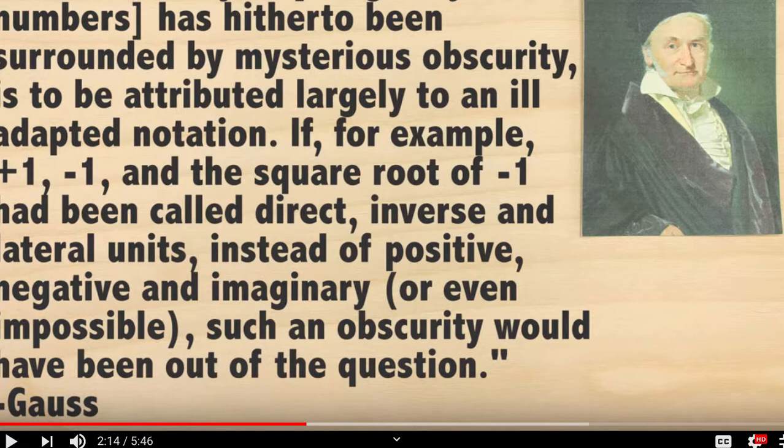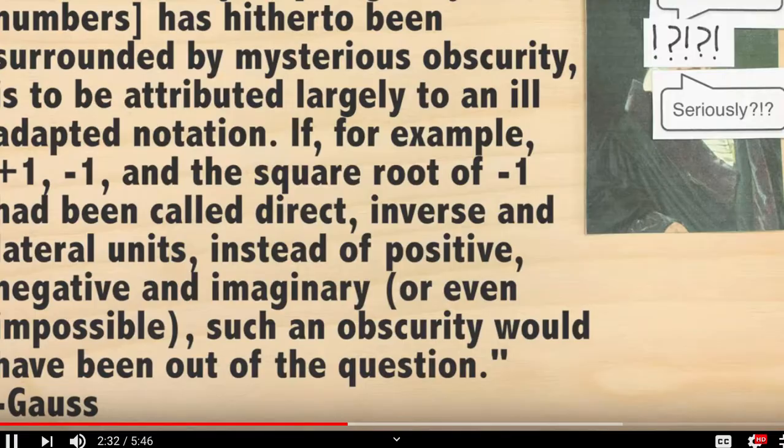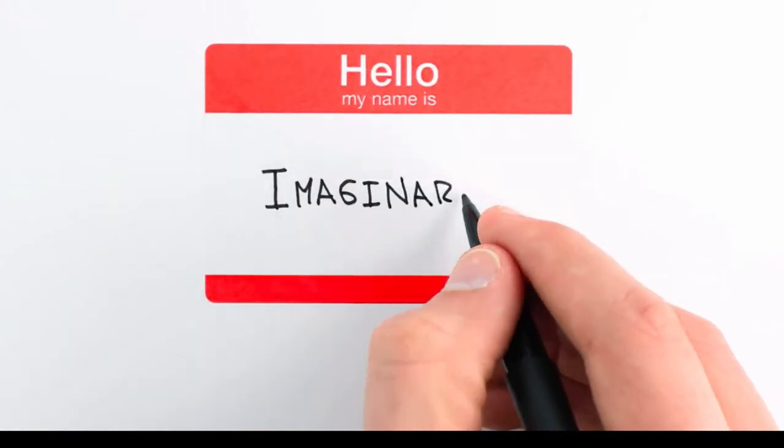If, for example, +1, -1, and the square root of -1 had been called direct for +1, inverse for -1, and lateral units instead of positive, negative, and imaginary, or even impossible, such an obscurity would have been out of the question. So yes, our missing dimension is comprised of numbers that have been given the ridiculous name imaginary.